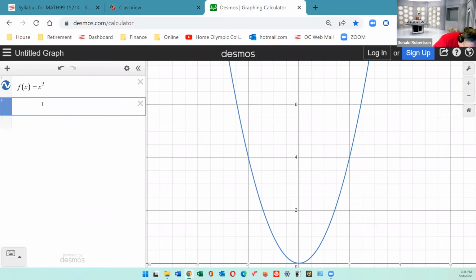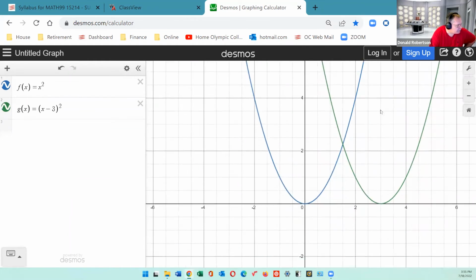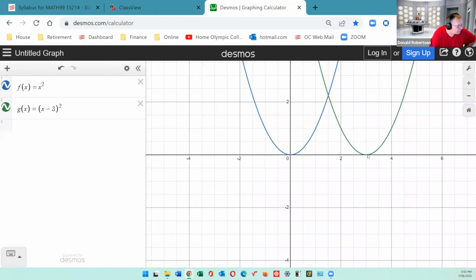Next function is g of x, and it's equal to a bracket x take away 3 squared. Now I'm going to move this up a little bit. I'm going to click on that point there because I think that's quite interesting. I hope I got it. Yeah. And I'll click on that one there as well. And get a coordinate. There we go.